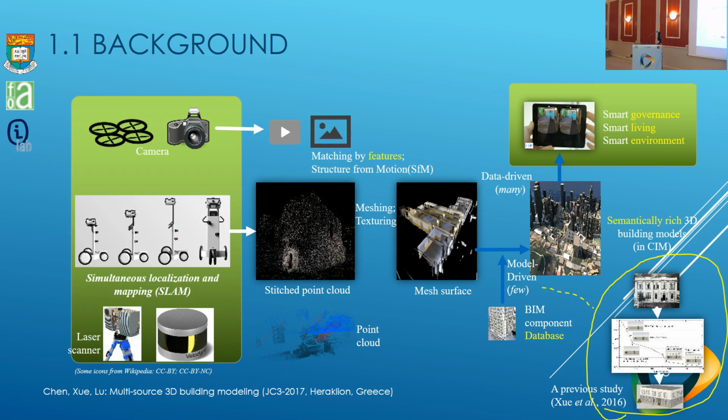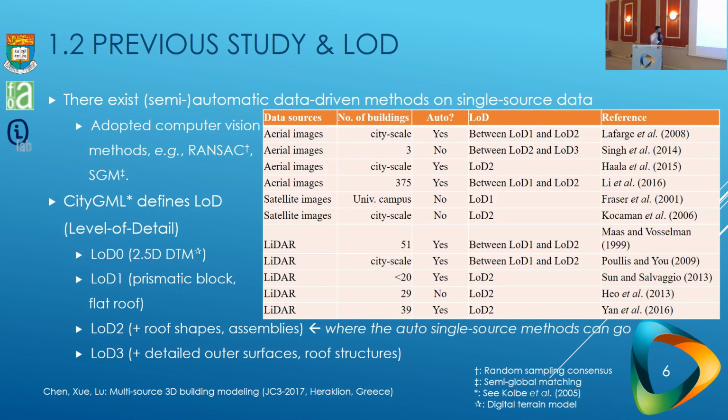For the data-driven, that means we rely on our input data, mainly the point clouds. So what about the result? In fact, if we count the number of data types, we have the single-type method and the multiple-source method.